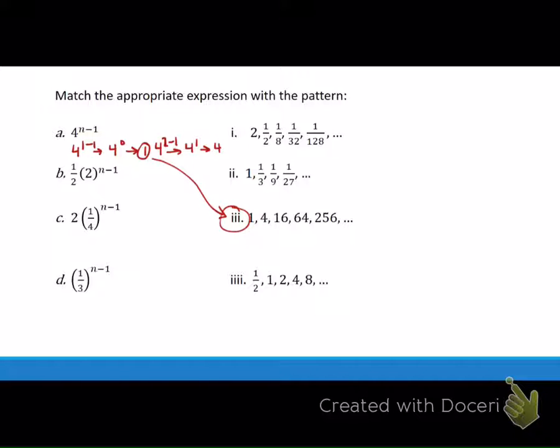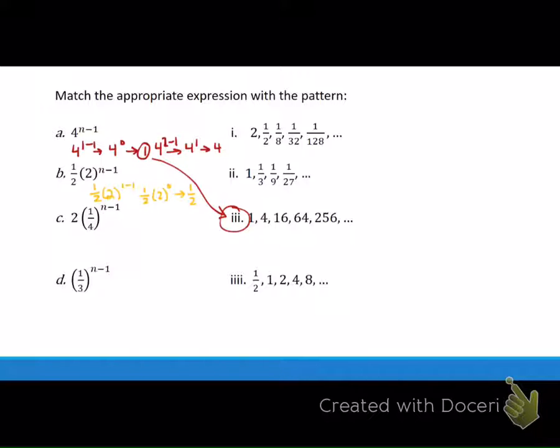Okay. Again, I would plug in the 0 power or the first power first. 1 minus 1 is 0. So do 1/2 times 2 to the 0 power, and tell me what you get. Okay, just wait. What is that? 1/2 times 2 to the 0 is?